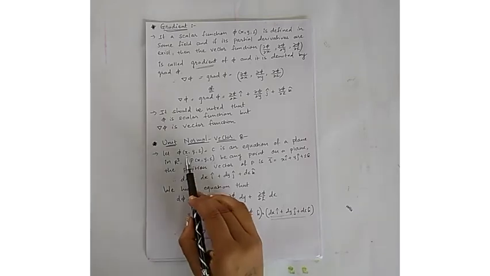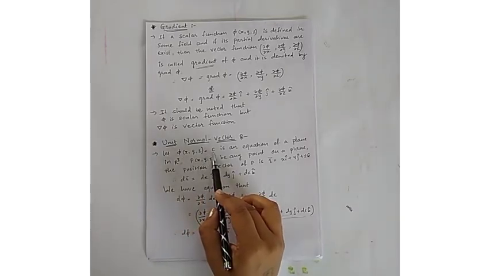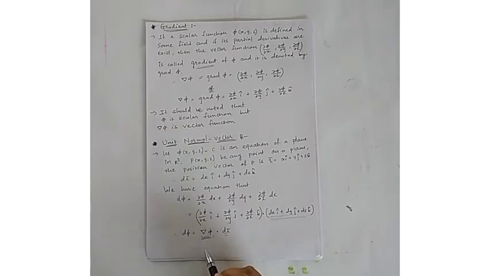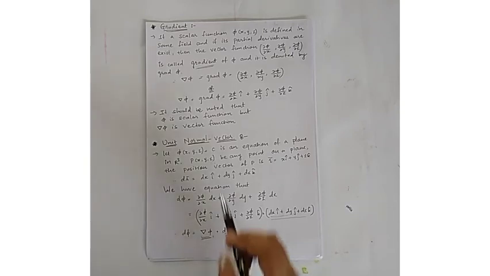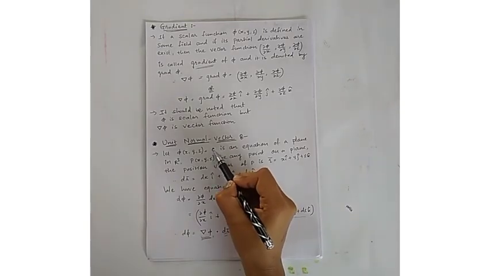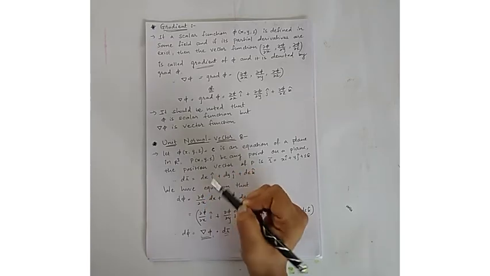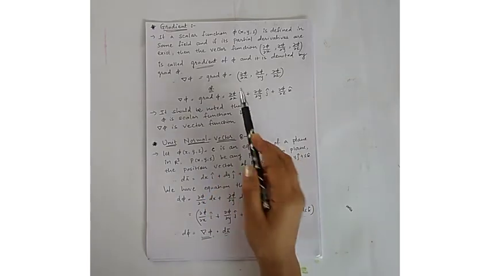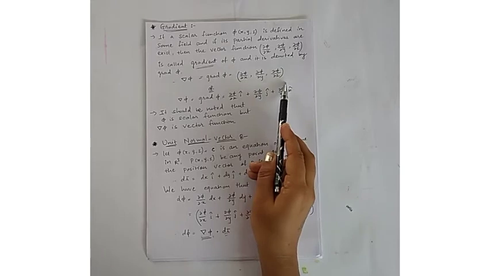Here my function phi is constant, right? So whenever I am taking the gradient of this function phi, because here it is c and c is my constant, the gradient is nothing but the partial derivative of each component.